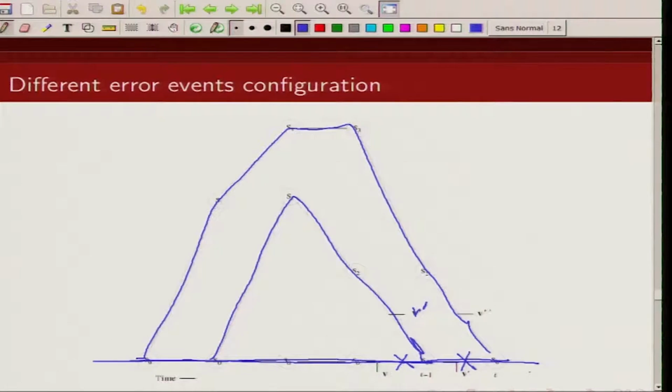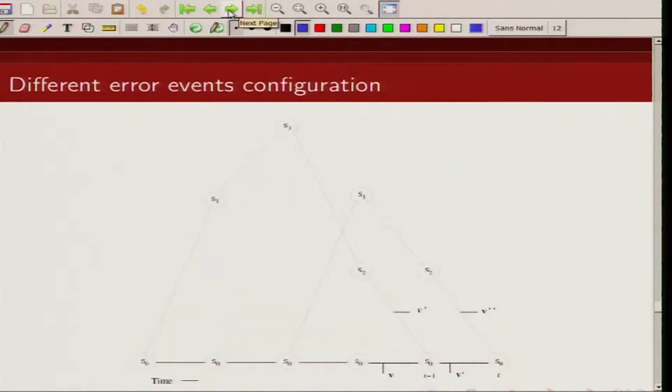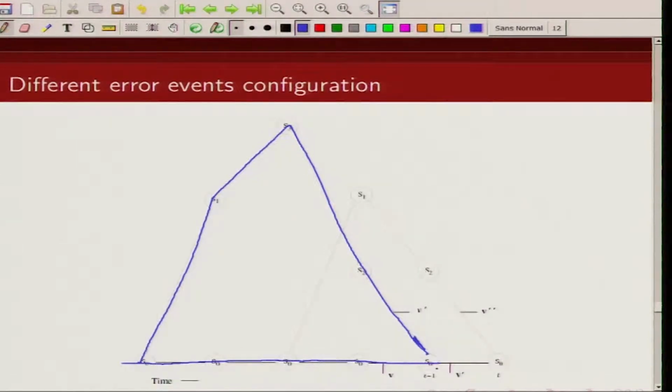So, this is another way multiple error events can happen, or you could have a situation like this. You are at all 0 state, when you are at this particular instance, you notice this has a better metric. So, you decide in favor of this incorrect path, but then when you reached here, you noticed this path has a better metric. So, you discarded this and then you decided in favor of this.